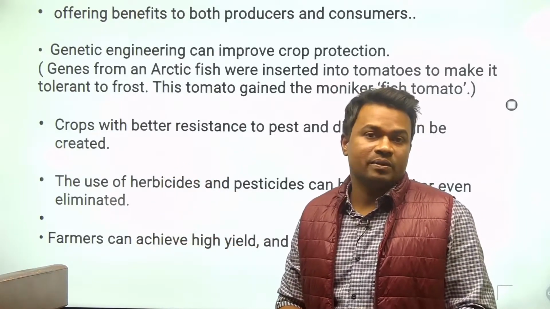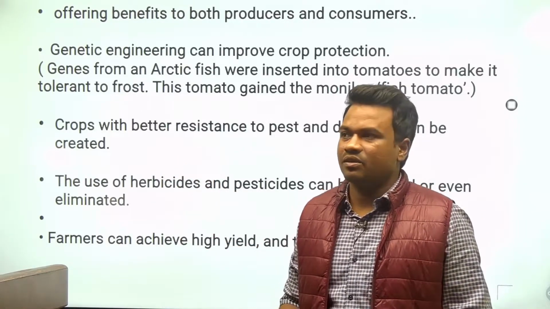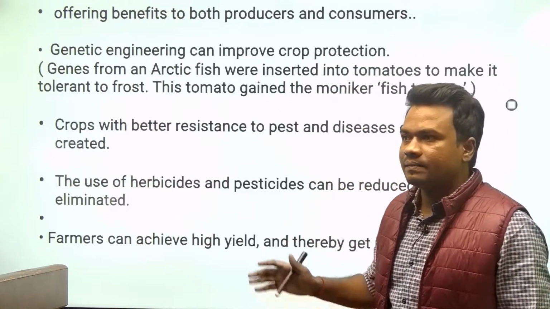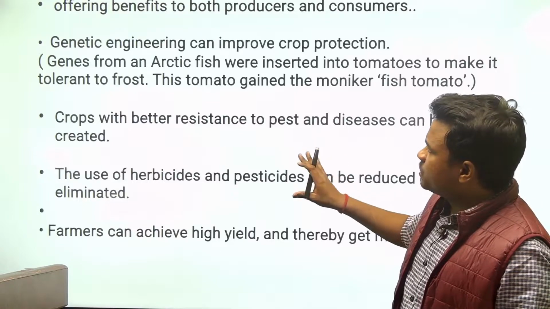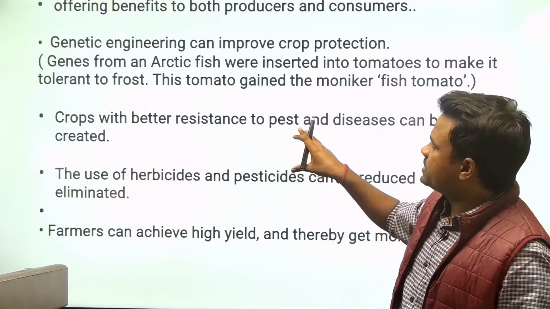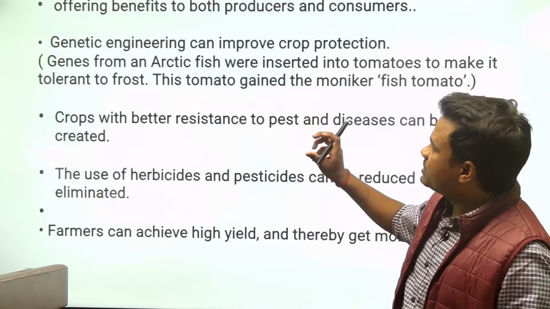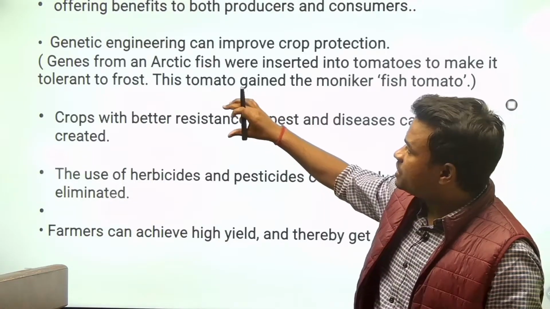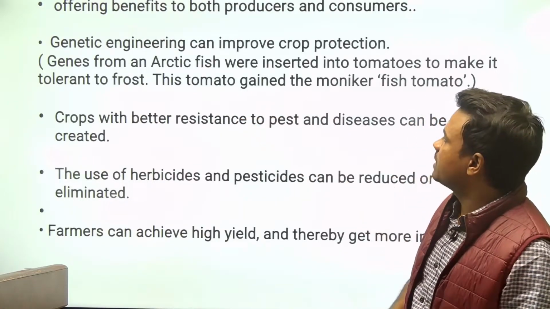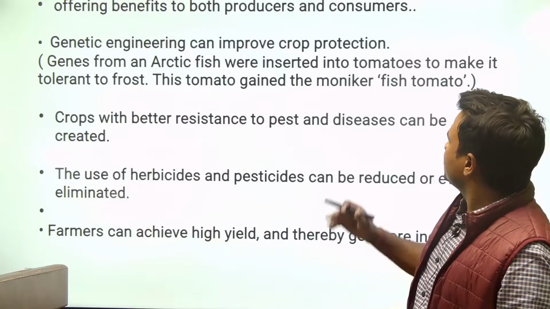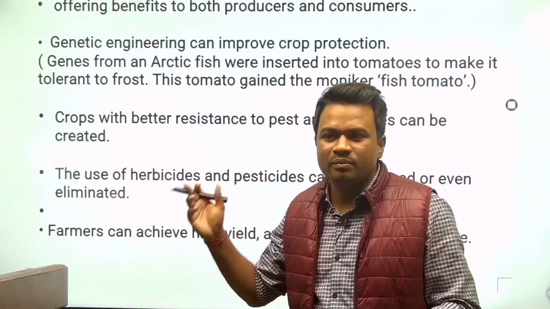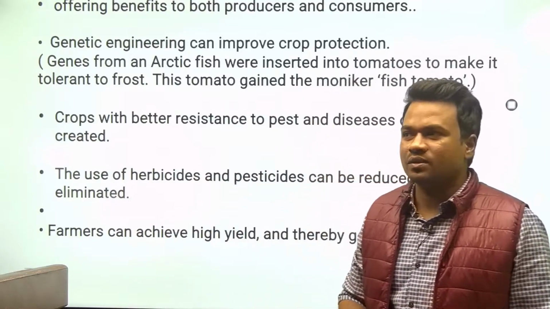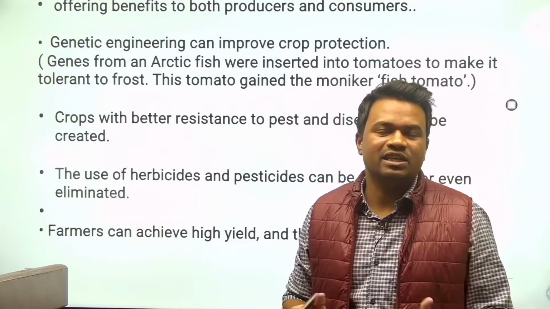Generally, tomato is a tropical plant, we all know, and that particular tomato could grow even in polar regions when the gene of the Arctic fish was inserted into it, and that tomato gained the moniker fish tomato. So that GM tomato variety was able to grow even in the polar region. That is something very unnatural.